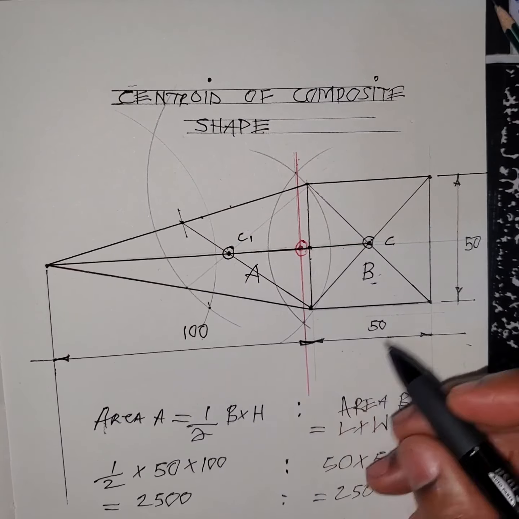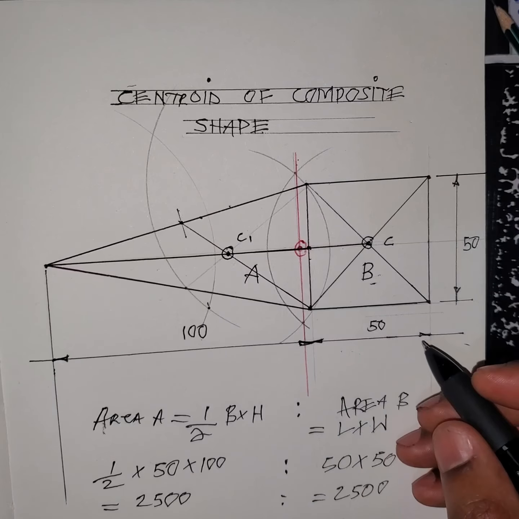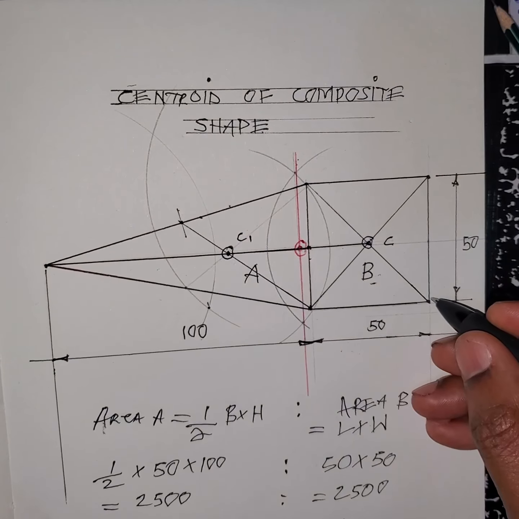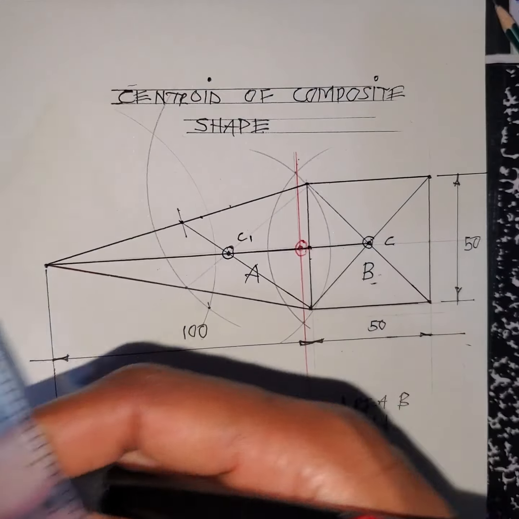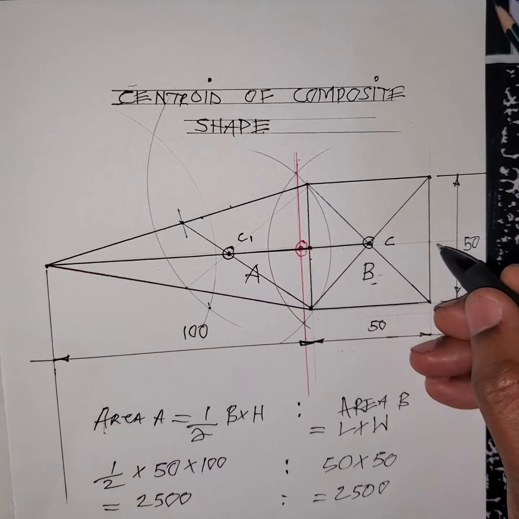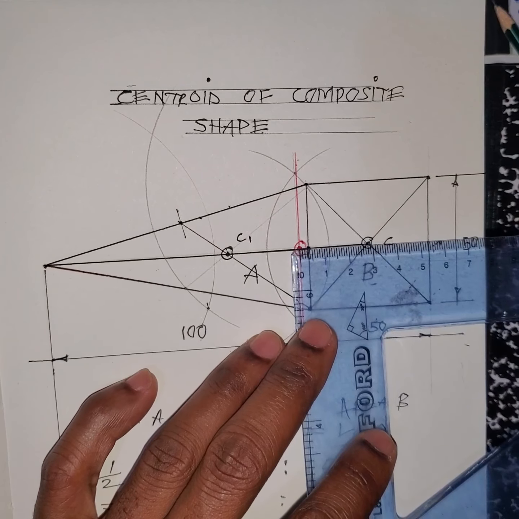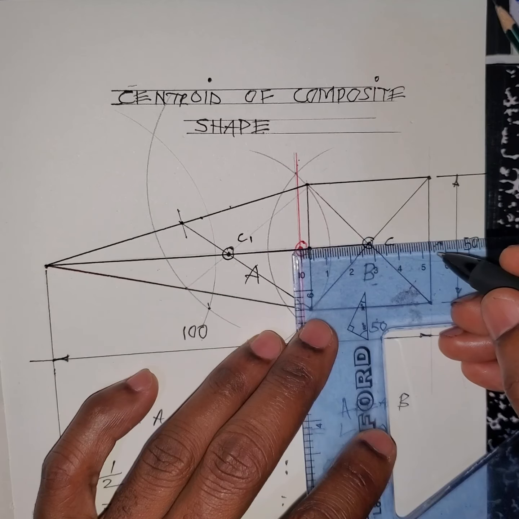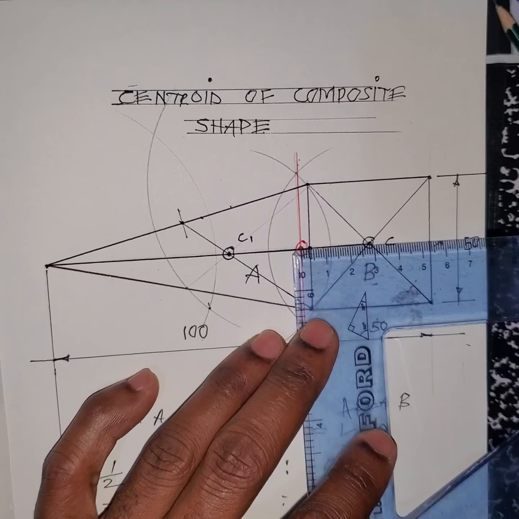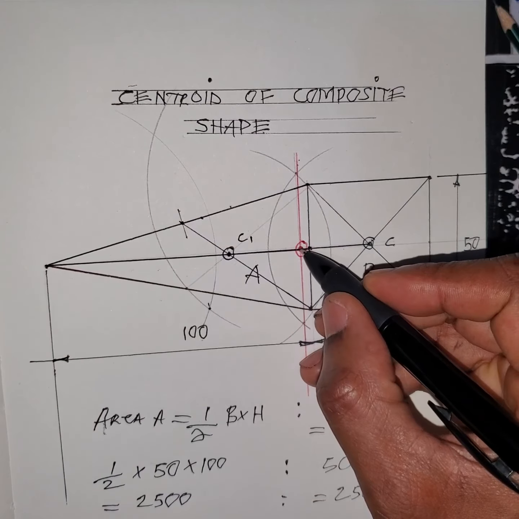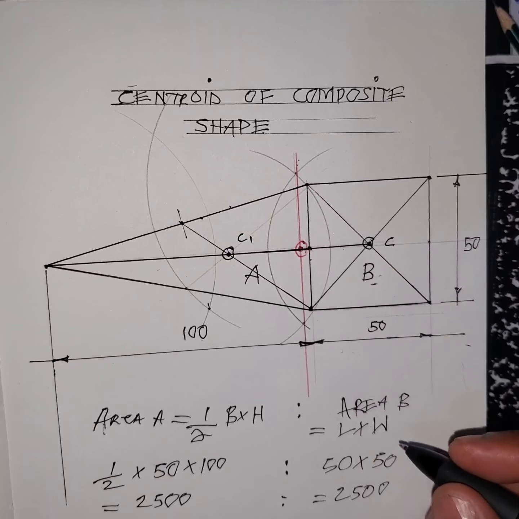Now, the question asks, what would be the distance from the centroid to the right side of this figure? Or what would be the distance from here to here? Let's see what that distance is. It would be 53. So the distance from the centroid to the right side would be 53.